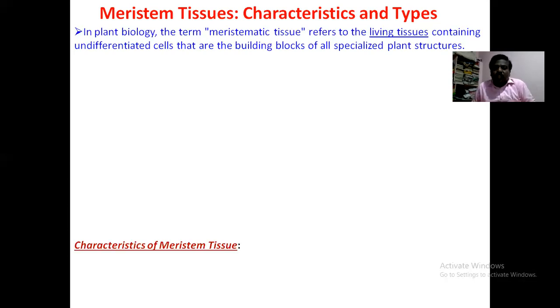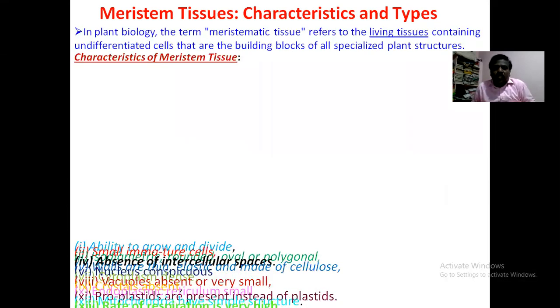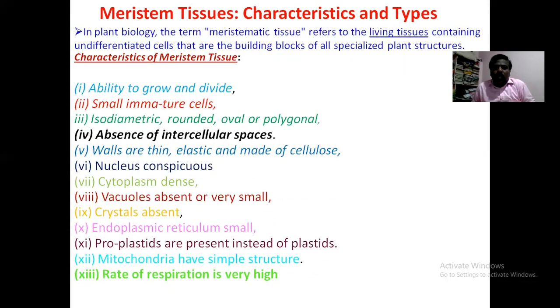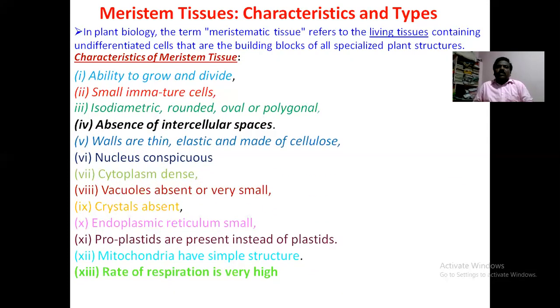The characters of meristematic tissue: ability to grow and divide. Small, immature cells. The shapes are isodiametric, rounded, oval or polygonal.